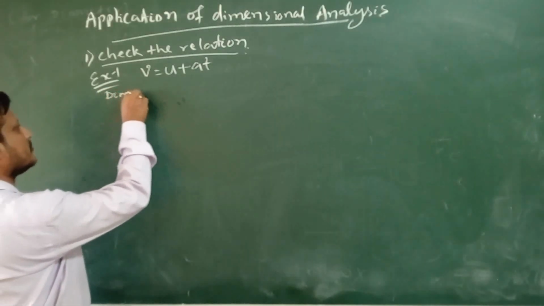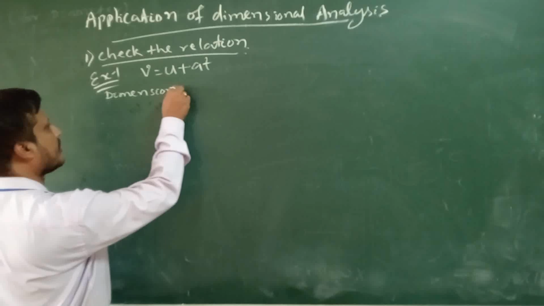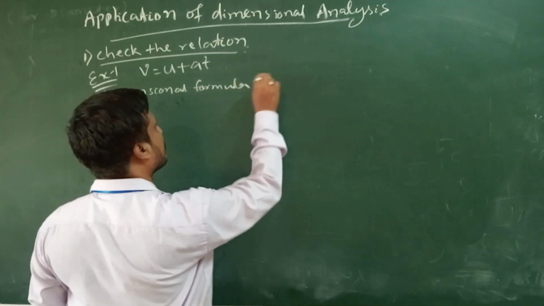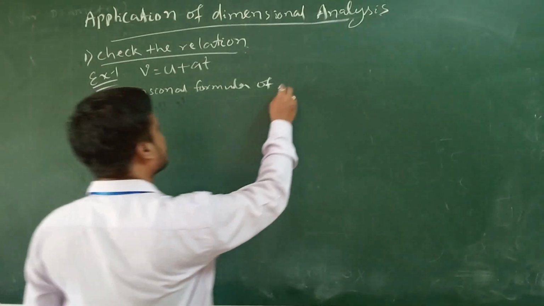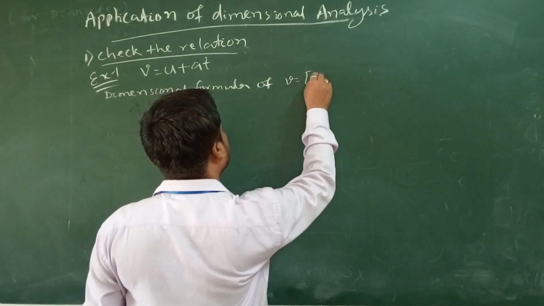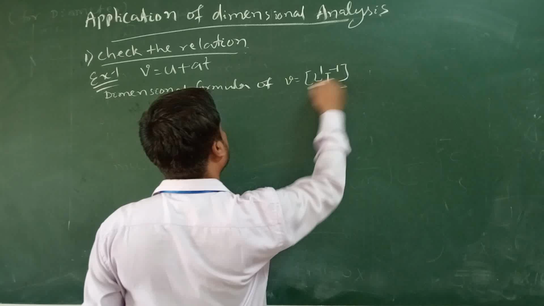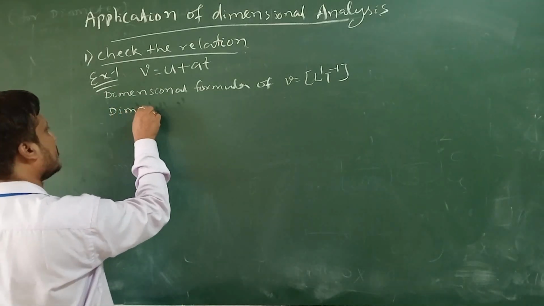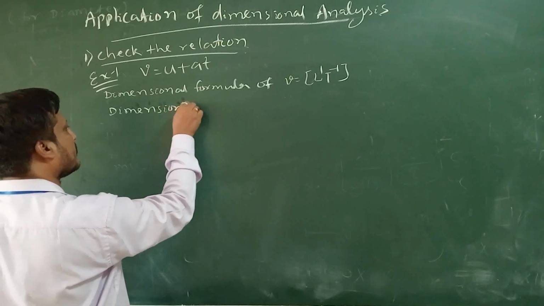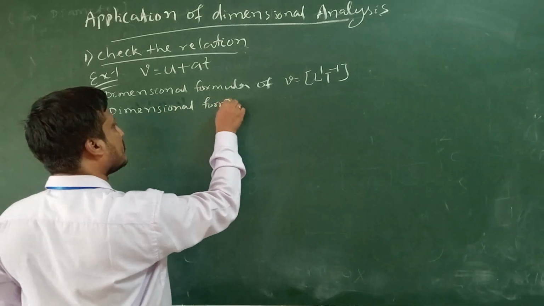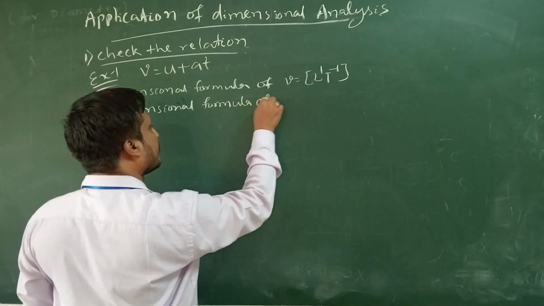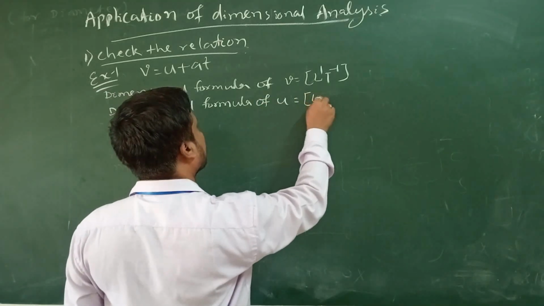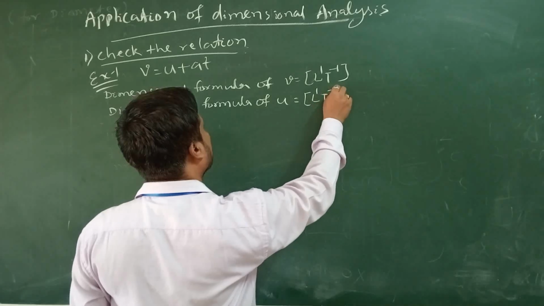First, we find the dimensional formula of the four physical quantities. First, V: L to the power 1 T to the power minus 1. Similarly, dimensional formula of U equal to L to the power 1 T to the power minus 1.